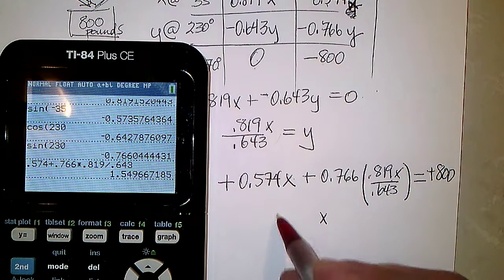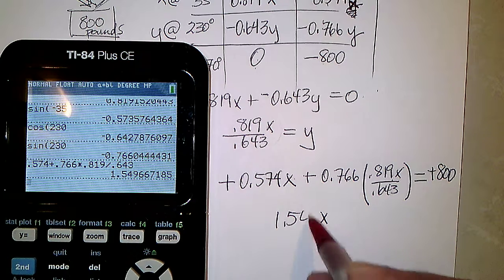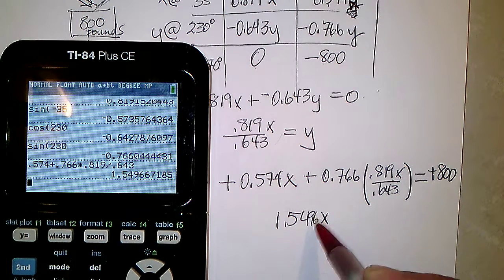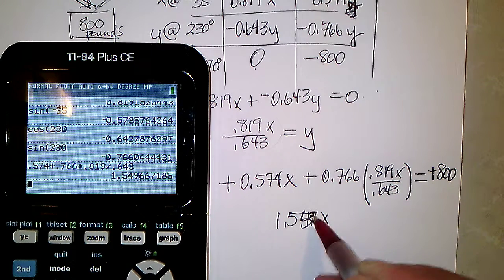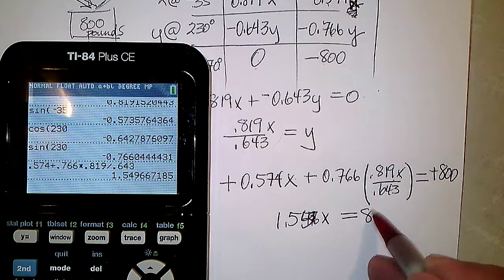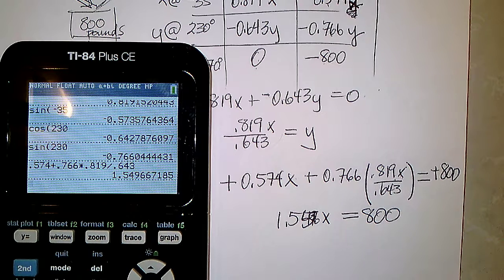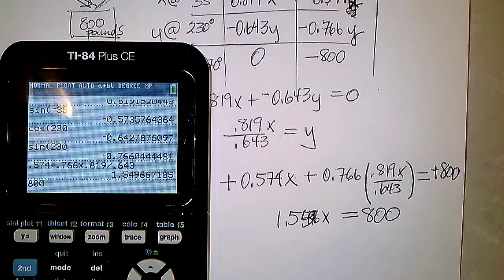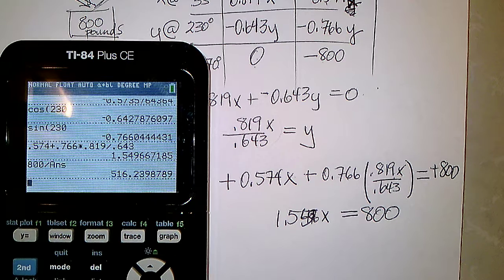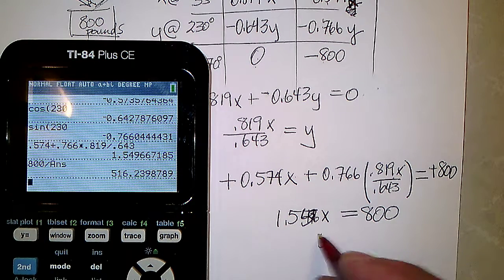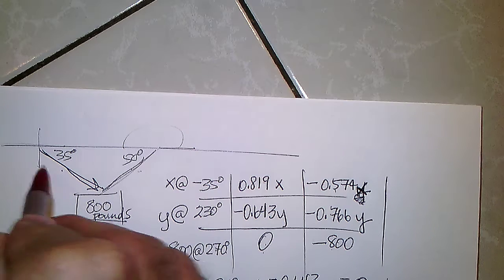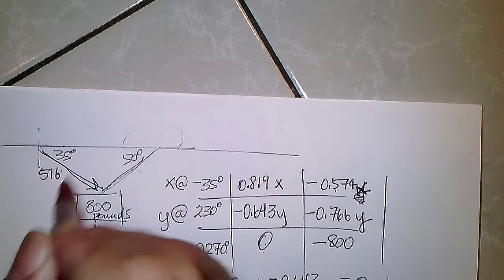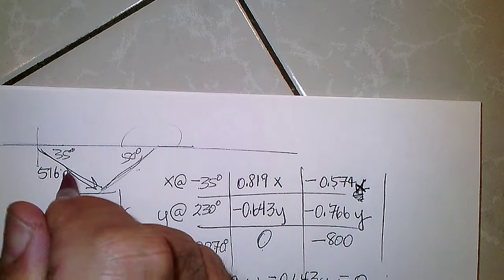So I've got 1.5497, 155. That's close enough. 1.55x equals 800. So 800 divided by my answer is 516. That is x. That was the force here, 516 pounds.